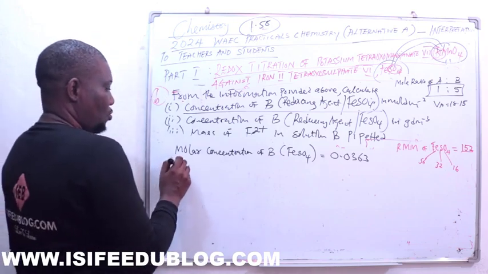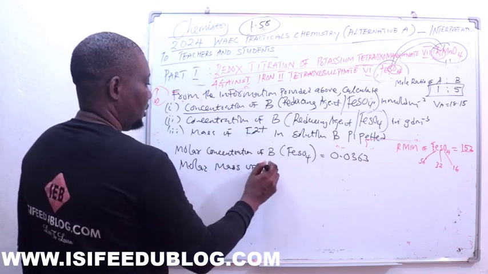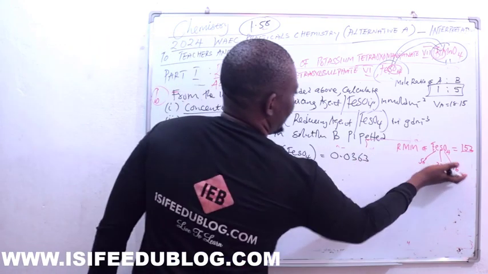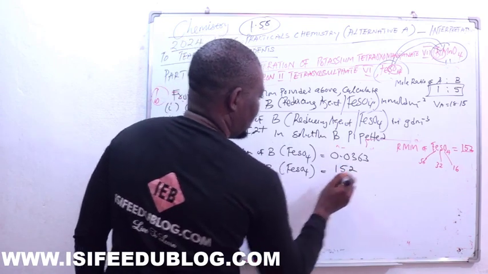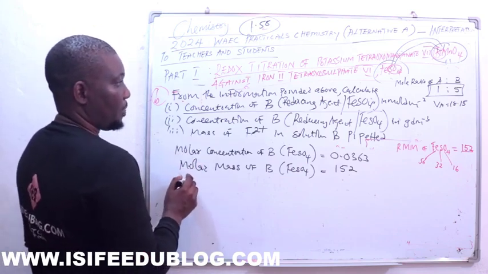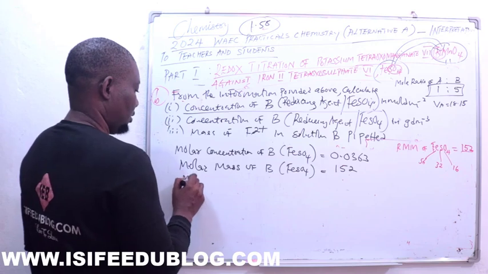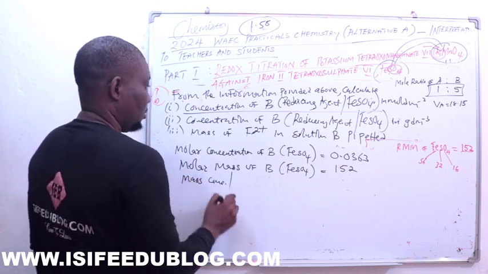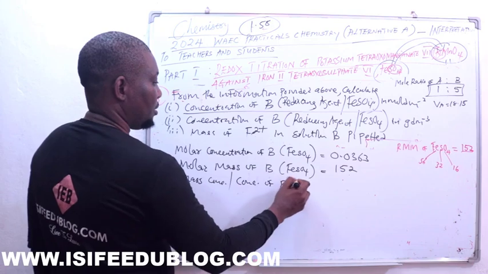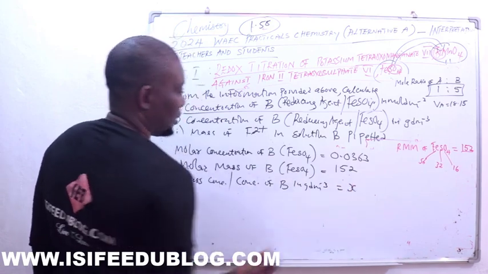And then the molar mass of B, which also by extension is the reducing agent, I just state it as 152. What we're looking for is the mass concentration, or mass conc, which they refer to as the concentration of B in gram per dm cubed. So let's take it to be X.